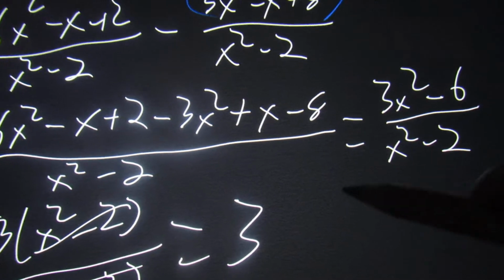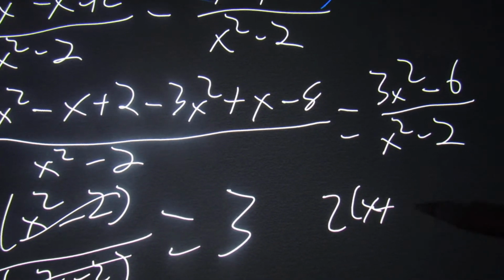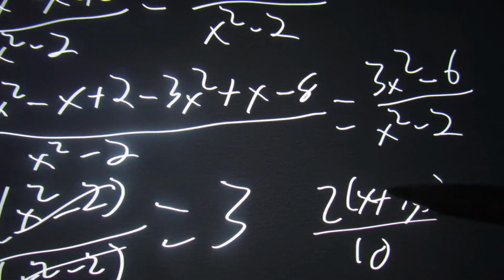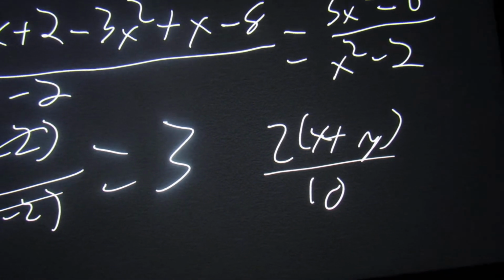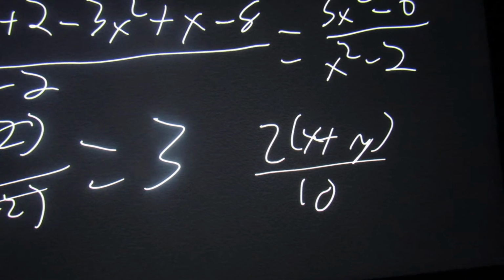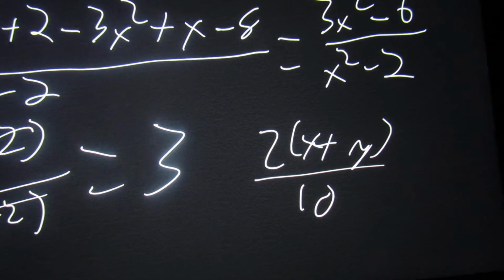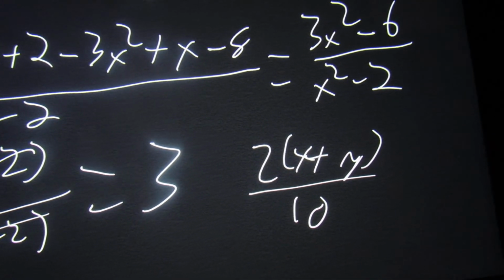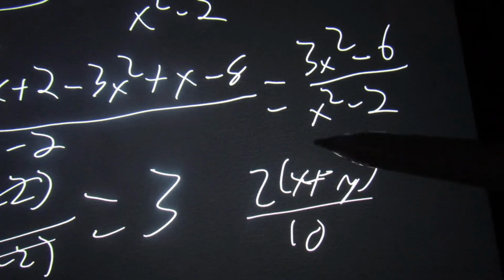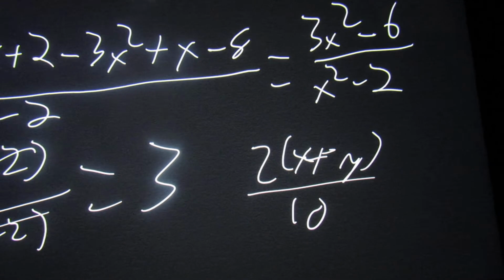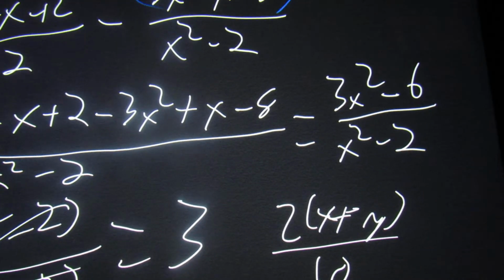But on that first one, we had the 2 times x plus y over 10. We were able to factor just the single factors. You can do any of those as long as they're a factor and they're not added or subtracted with anything. If you are adding and subtracting, like here, the binomial, put them in parentheses before you do any kind of simplifying.